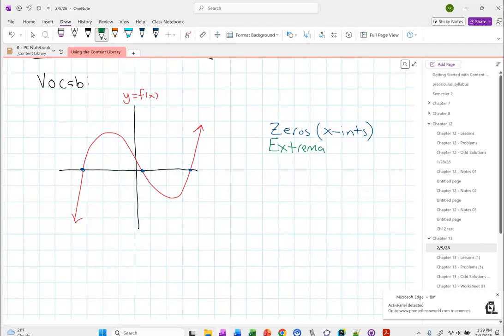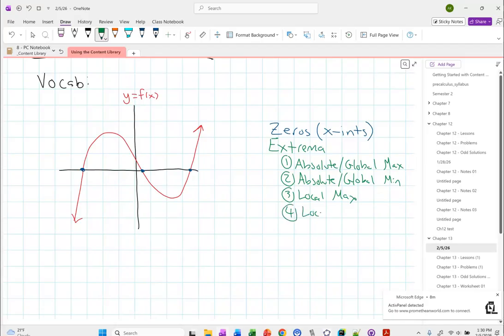And there's actually 4 types of extrema. There's absolute or global.